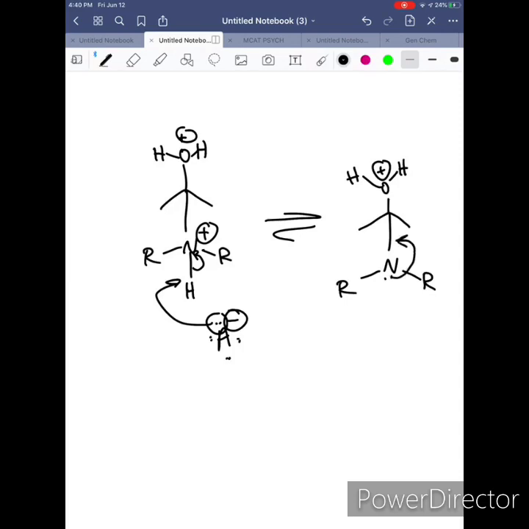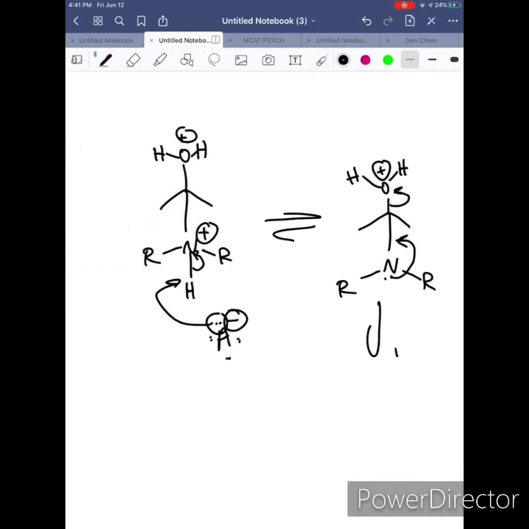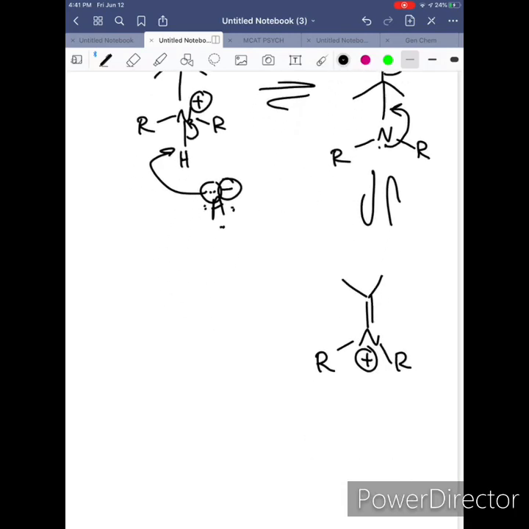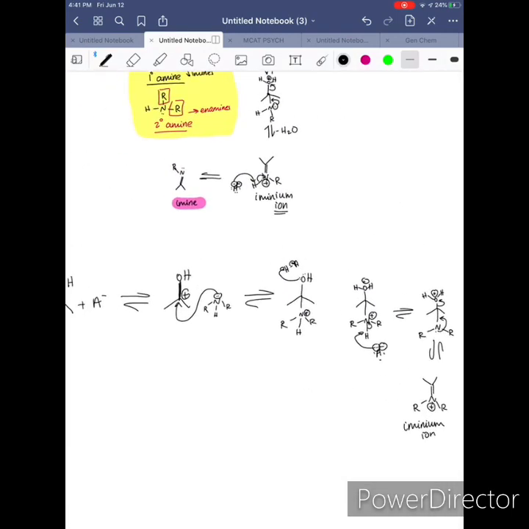And I have an OH2 group right here. So then these electrons are going to form a double bond at the same time that these electrons go onto the oxygen, making it a leaving group. So now I have N double bonded to 2 R groups, and it also has 2 R groups with a plus charge on it. So again, this is my iminium ion.